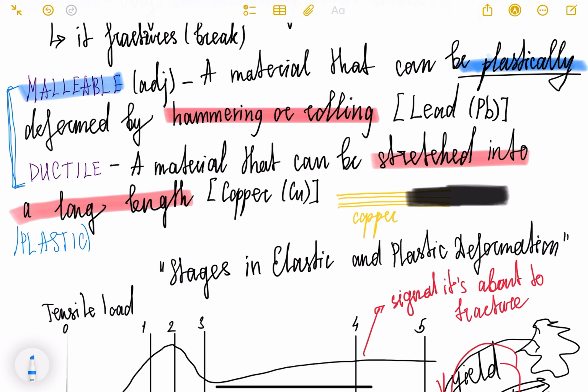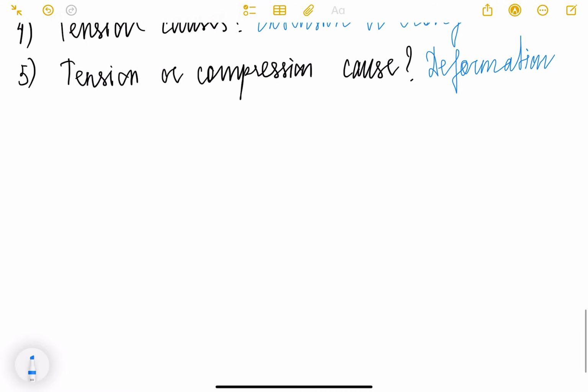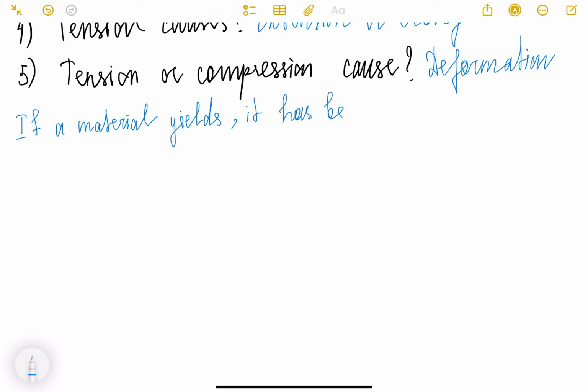Lead is malleable, and ductile is a material that can be stretched into a long length, like copper. The fourth: if a material yields, it has been significantly plastically deformed but not broken. I did not know this. I think we have to write this, okay?